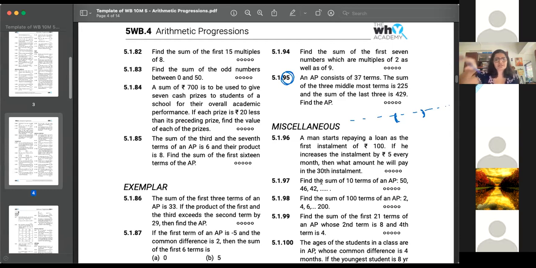Once you figure out the funda of the question, the working out is pretty easy. Once you write what is given properly, you'll easily get it.